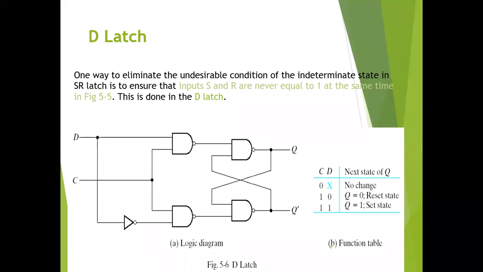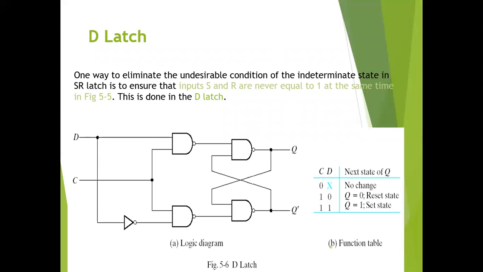To eliminate those undesirable conditions of indeterminate states in the SR latch, and to ensure that S and R, both the inputs of the latch, are never equal to 1 at the same time, this is done in the D latch, as you can see in the figure of the D latch.